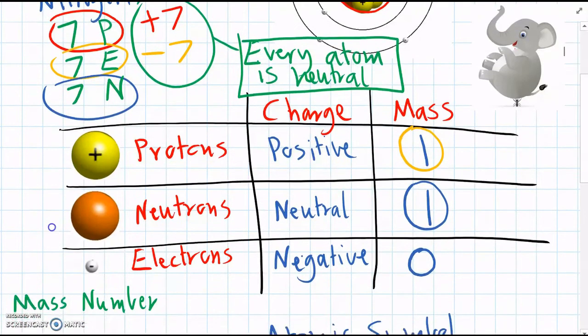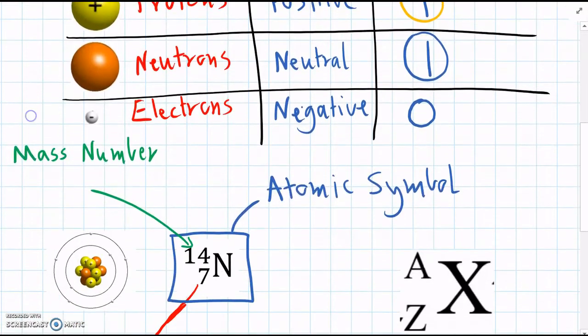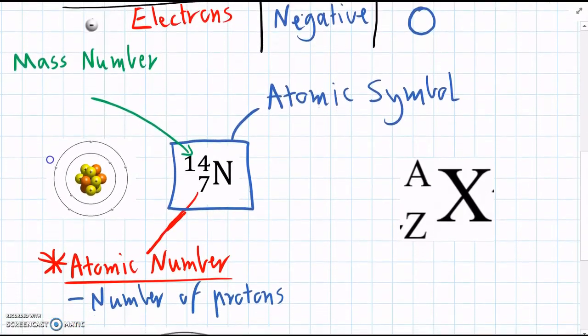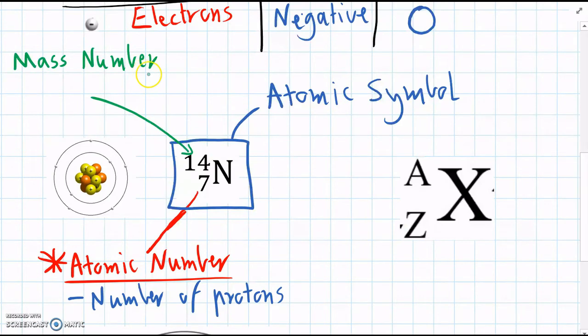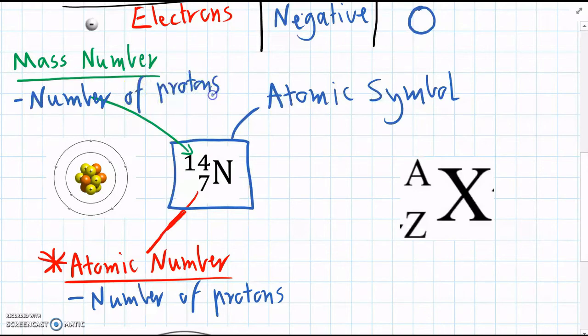So we can easily add that up, and that gives us our mass number of 14 here. So the mass number tells us the number of protons plus neutrons. In other words, that's how much nitrogen atoms weigh, protons plus neutrons.